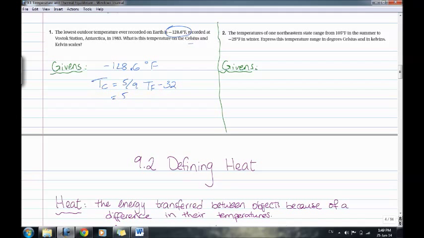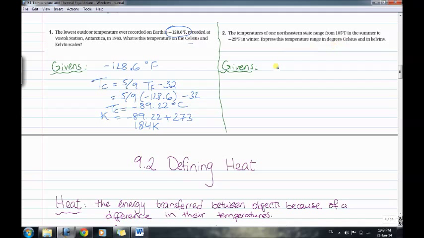So, 5 over 9 times Tf, which is negative 128.6 minus 32. The answer would be negative 89.22 degrees Celsius. Now, to change it to Kelvin, we have to add 273. So, negative 89.22 plus 273, the answer would be 184 Kelvin.